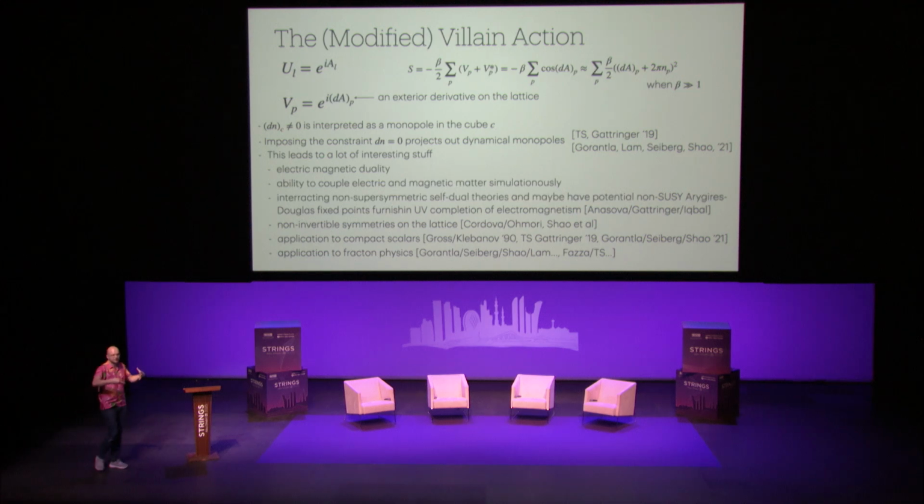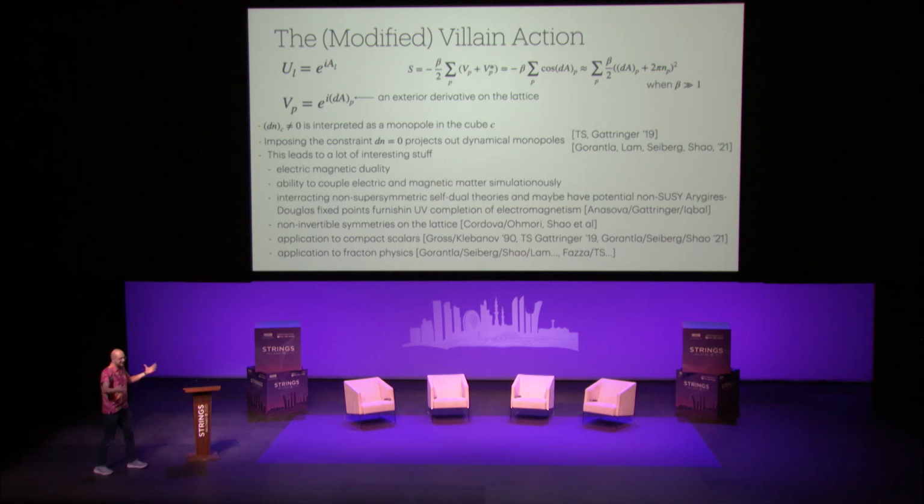We introduced some Lagrange multiplier, which has an interpretation as a dual magnetic field, if you will, and projected out monopoles. And so this became what Shu-Heng, Seiberg and these people actually called the modified Villain formalism, which is what it's known as today.